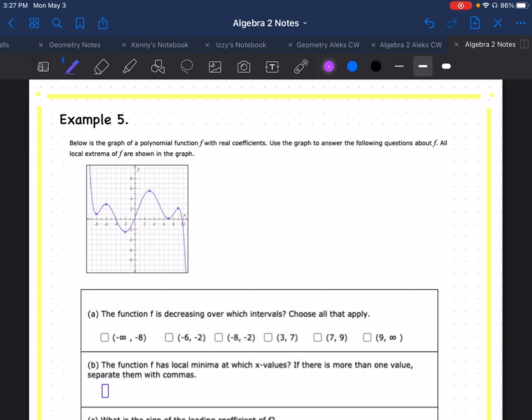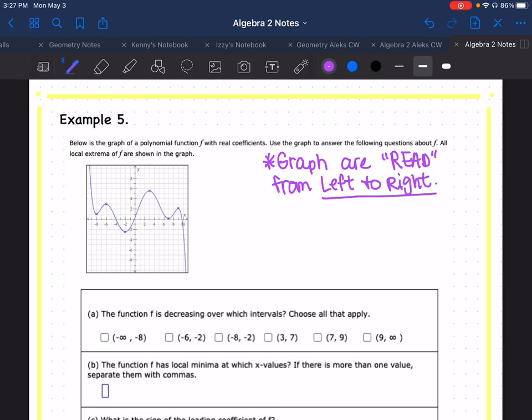Remember from the beginning that we talked about how we read graphs from left to right, just like we would a book, just like I did that sentence. So I always read from left to right, even when I'm reading a graph.